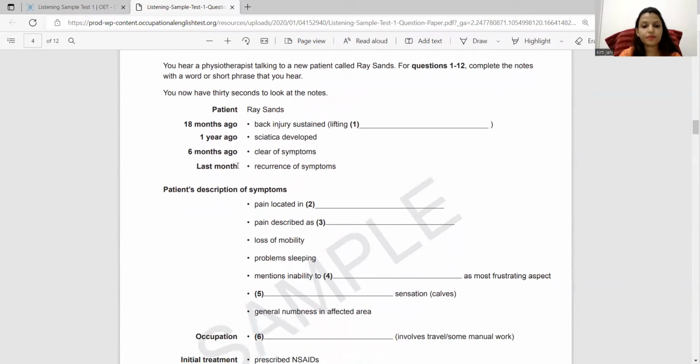What you need to do is underline the keywords before and after the blanks. You also need to go through these subheadings, which will help you to understand the structure of the interview.